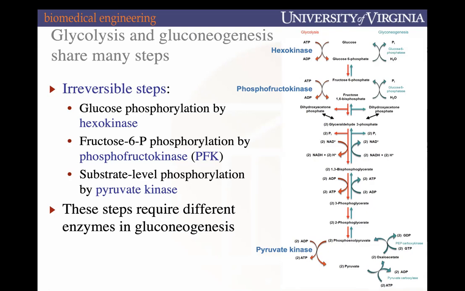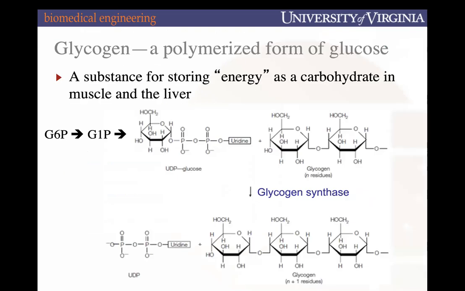All right, let's go ahead and wrap this up with the last key part. When we have excess glucose present, there needs to be a way in which we can store it for future use. The way in which we do that is that excess glucose is stored in a polymerized form as glycogen, particularly in the muscle and liver. Once glucose is phosphorylated, it goes from glucose 6-phosphate to be isomerized to glucose 1-phosphate.